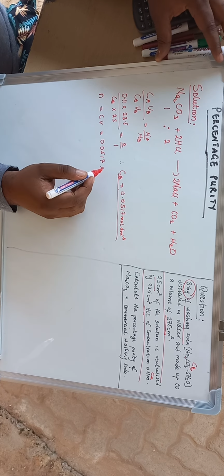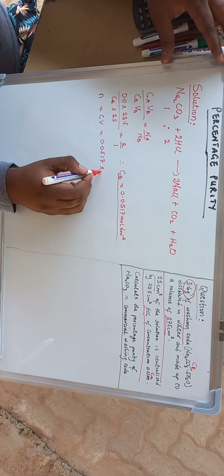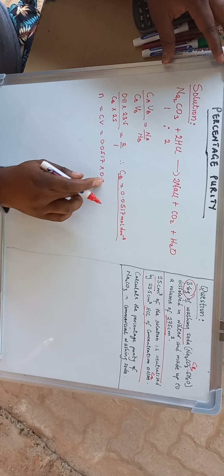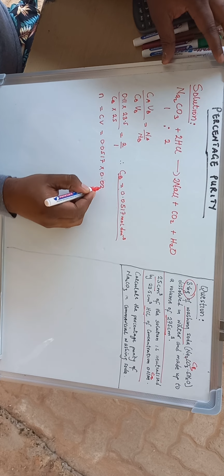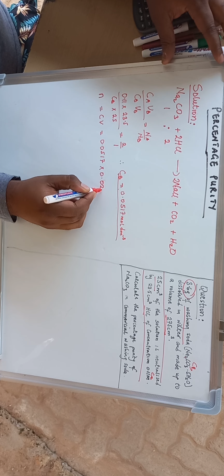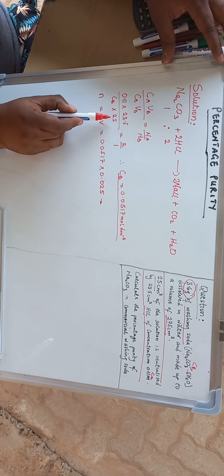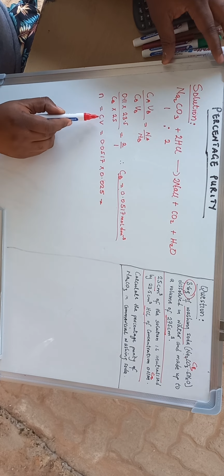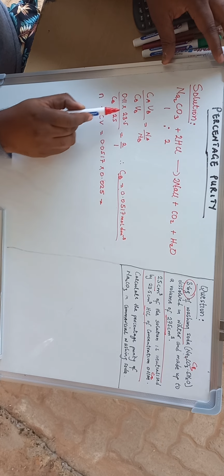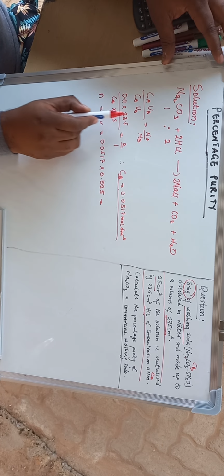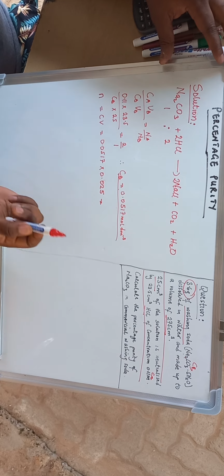It's that 25 we are going to use, and I have to divide it by 1,000 in order to convert it to dm cube. I didn't divide it earlier because that one is a ratio of cm cube, but here I only have one volume, so I must convert. If I also convert there, I get the same answer.